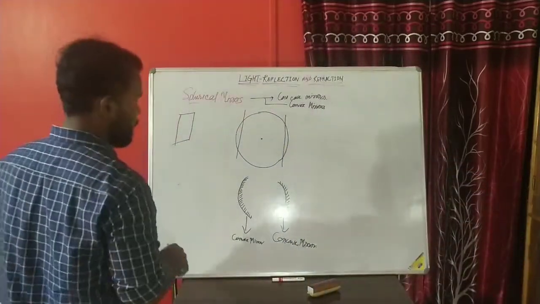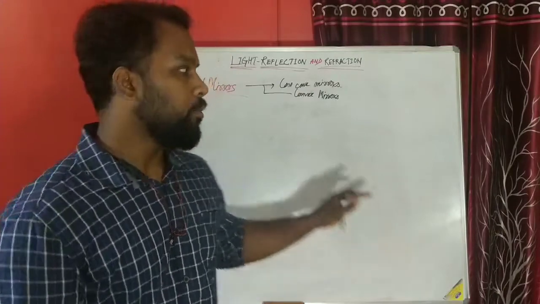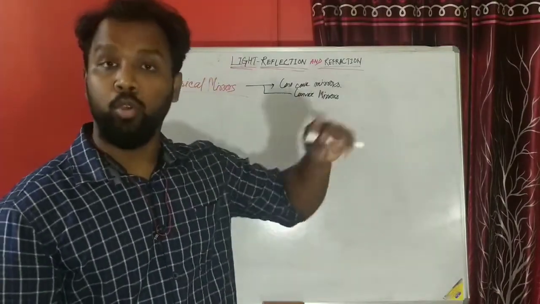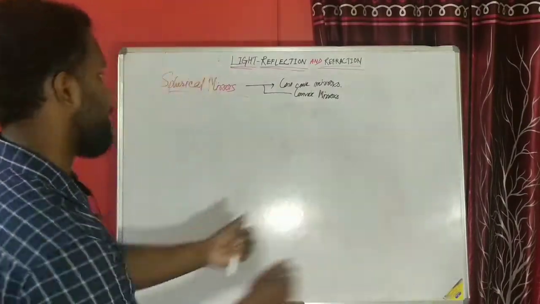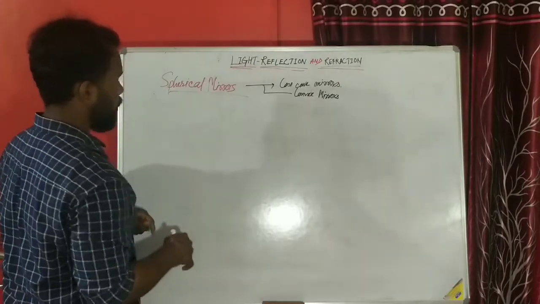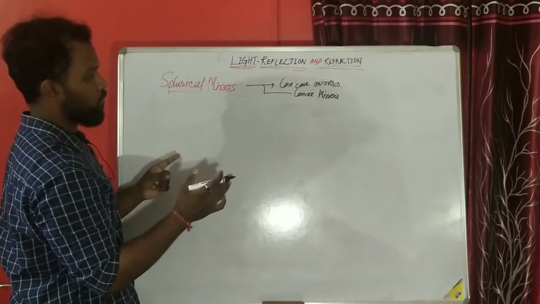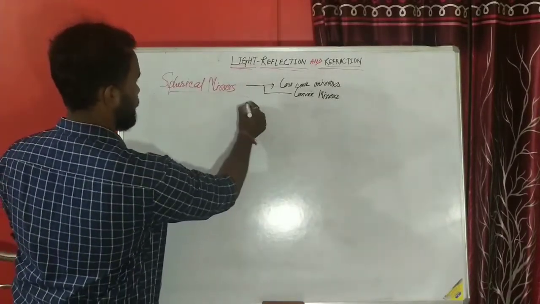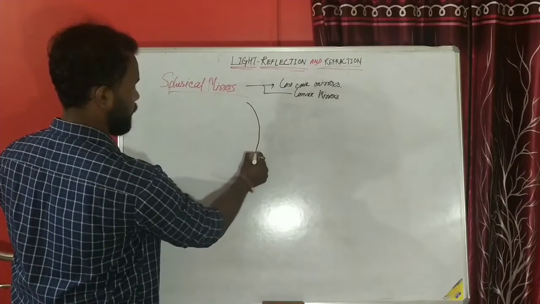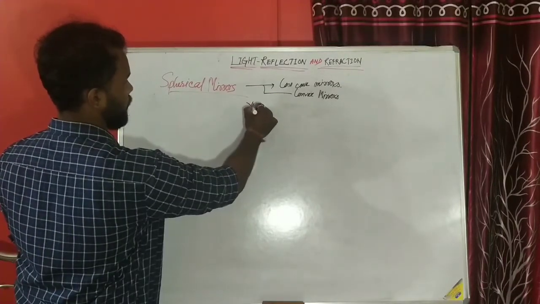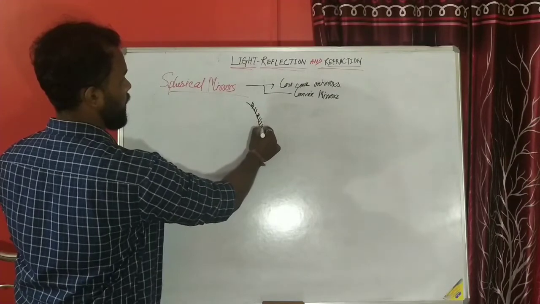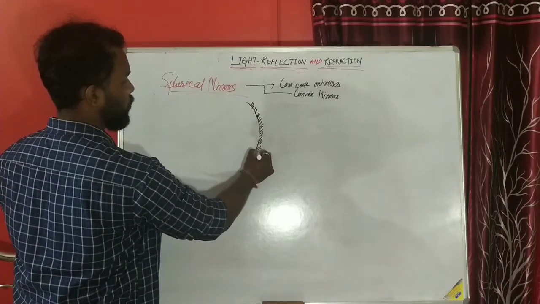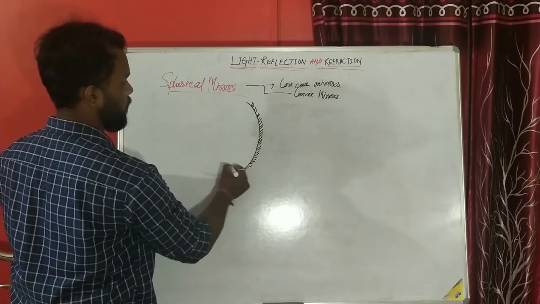Now we will discuss those terms that I have said. First, we will draw a concave mirror. This is what we do to make it a polished surface.